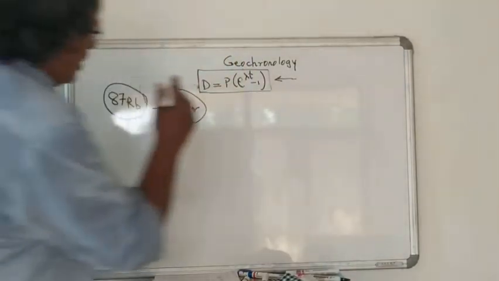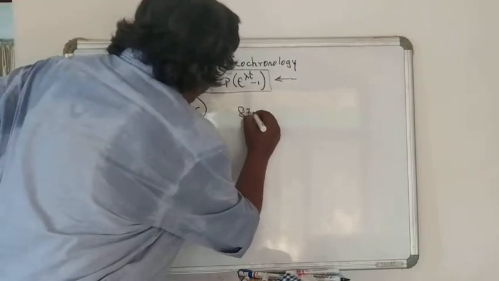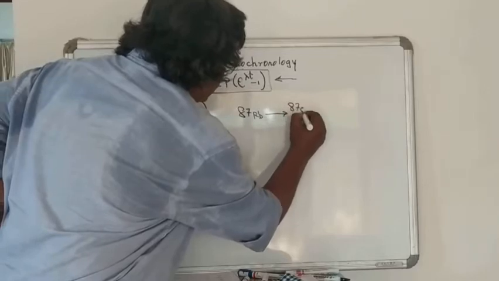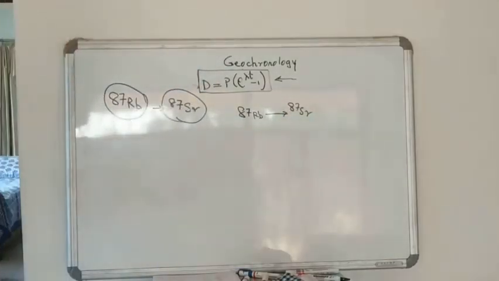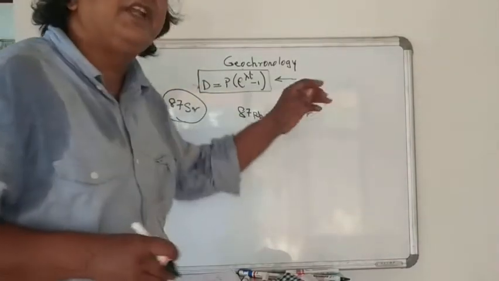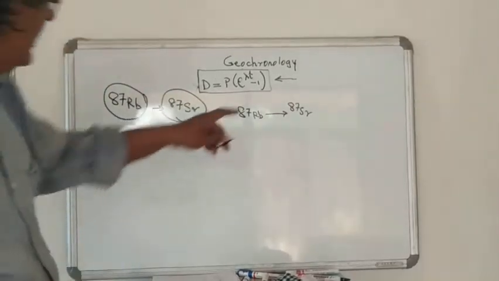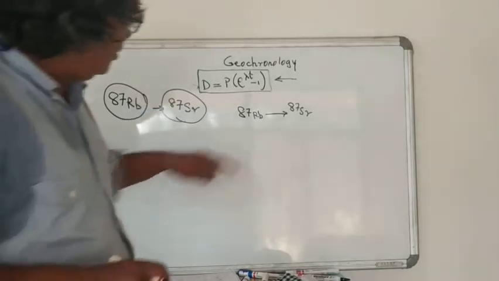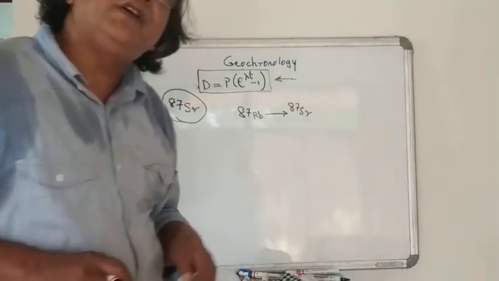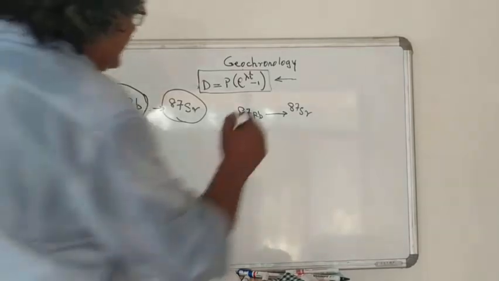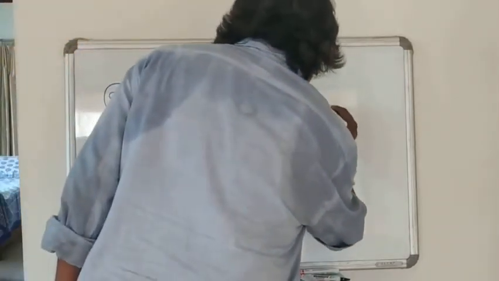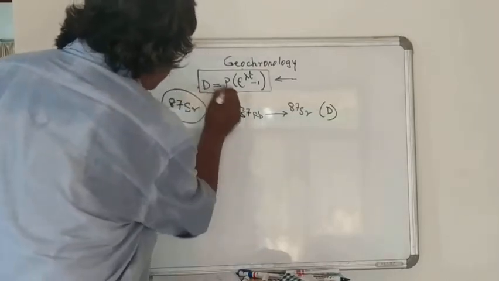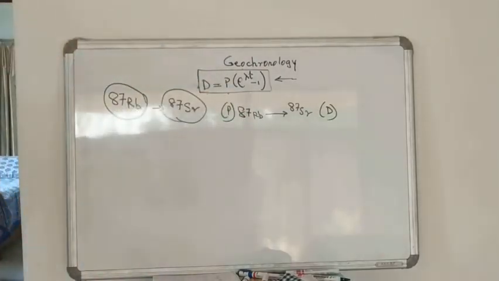So essentially what we have is 87 rubidium disintegrating into 87 strontium. This is how the disintegration occurs. And this is a beta decay. So 87 strontium is radiogenic. This is the daughter and this is the parent.